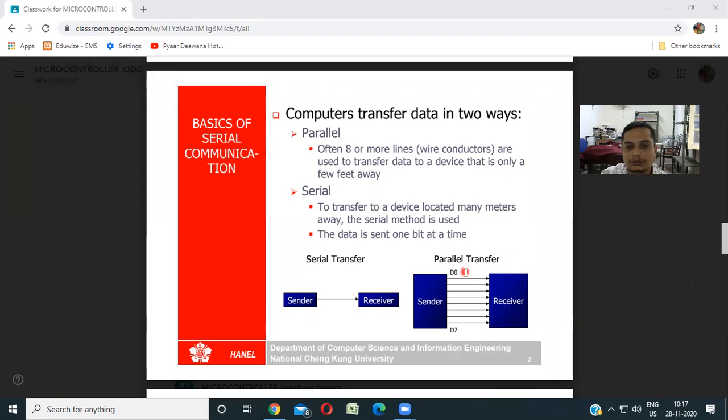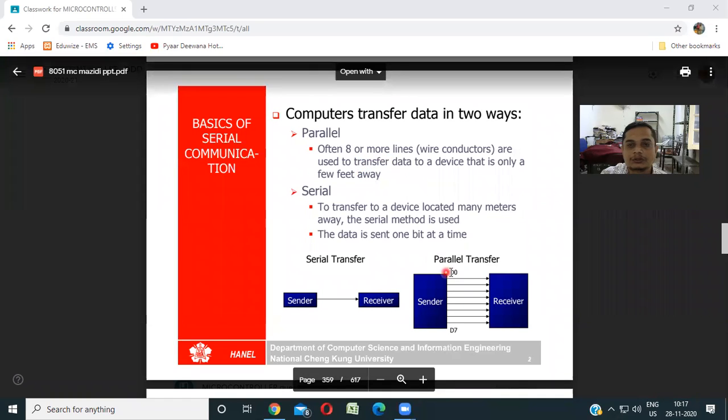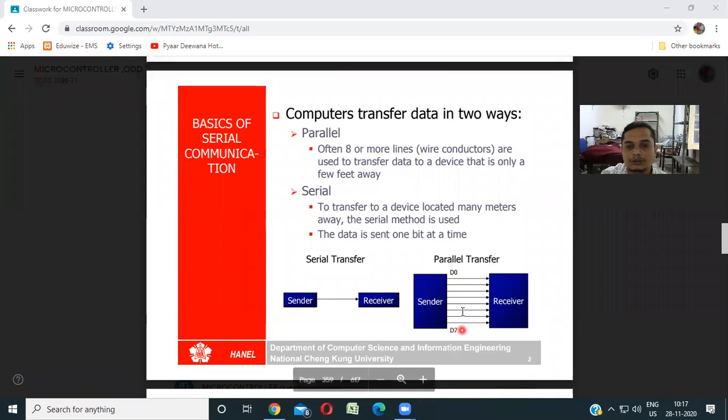Here you can observe in this figure, in the parallel transfer, D0 to D7 are sent at a time, meaning a byte is sent at a time, over 8 or more lines. These are all wires, conductors, connected to transfer a byte. So bits D0 to D7, the whole byte, are sent from sender to receiver.